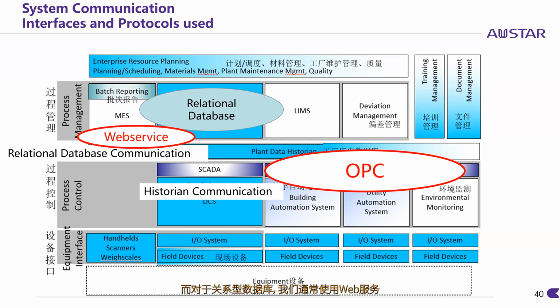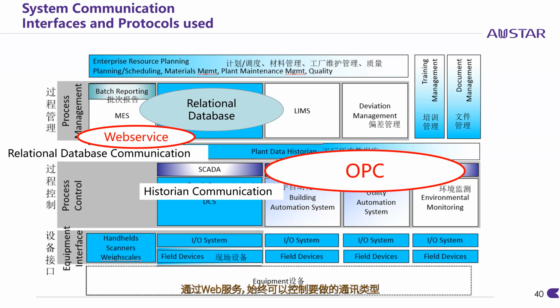Now, for a relational database, we typically use so-called web services. You could also communicate with a relational database directly by using its standard language, SQL, but that is a very dangerous thing because you must have control over what type of commands are given to your database.